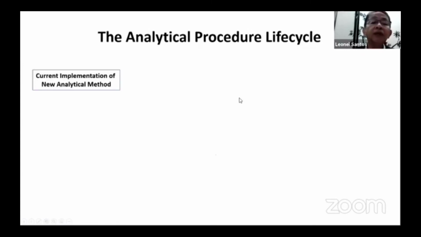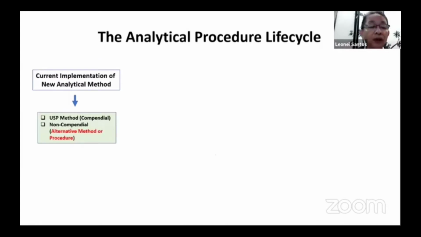So before I describe to you the General Chapter 1220, what I wanted to do is to provide you with some background in terms of current implementation of new analytical methods in a laboratory. So if you're, for example, a pharmaceutical industry, you are using different methods to analyze your sample.